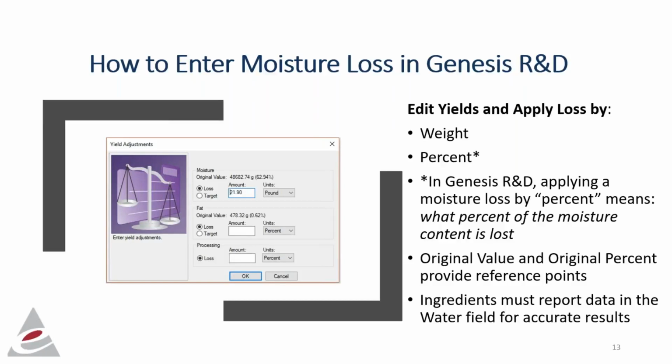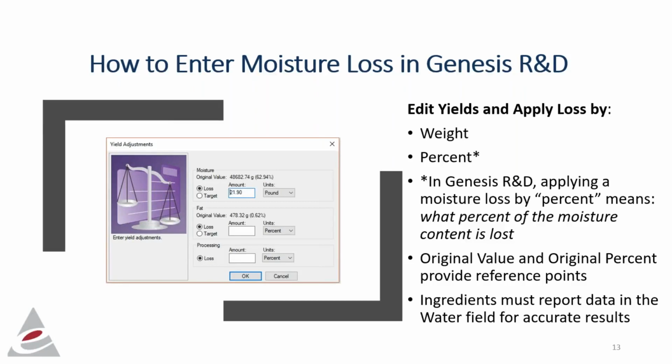There's a drop-down menu in the features under units, and you can choose by percent or various units of weight. And just note in Genesis, a moisture loss entered by percent means what percent of the moisture content was lost. Genesis gives you an original value and a percent of moisture as reference information, so you have those starting points to help you figure out that information.